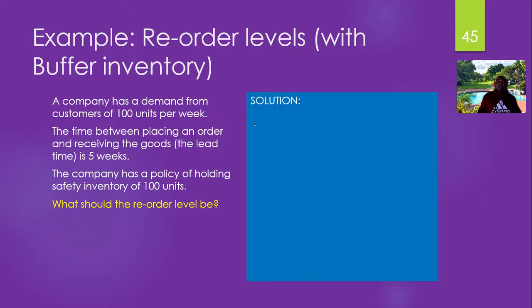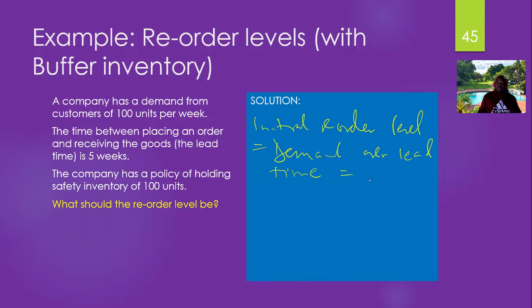Initial reorder level is equal to the demand over the lead time, which is equal to 5 weeks multiplied by 1,000 units per week, which is equal to 5,000 units.